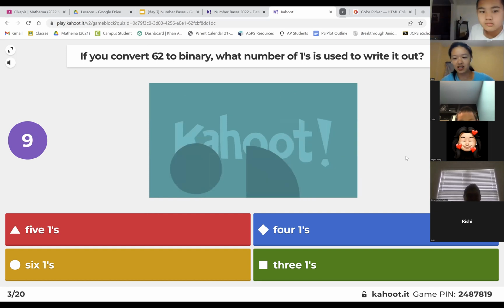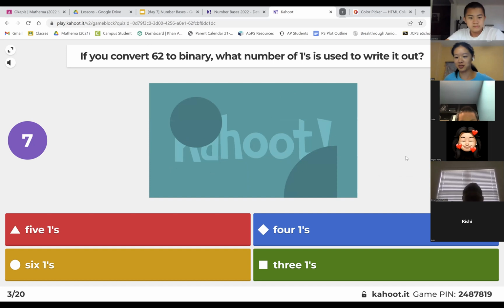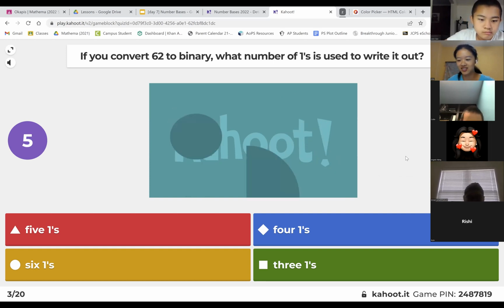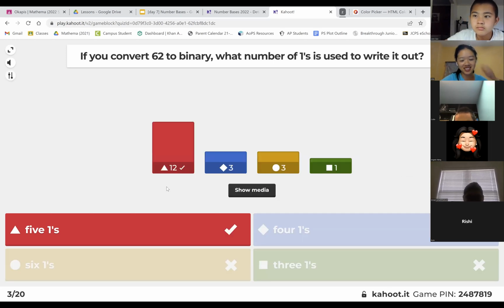We can keep track of Colin's score on Snake just by listening to him play. Okay, if you convert 62 to binary, what number of ones will be used to write it out?